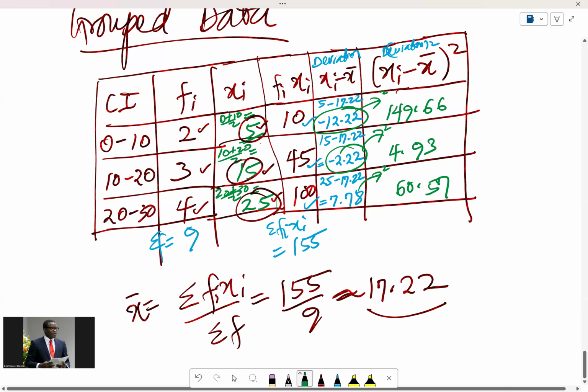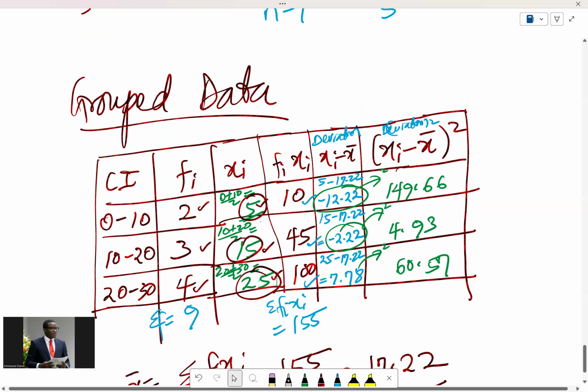So having done all of that, now we can put the values together. Another thing we still need to do is to multiply them by the frequencies, right? We need to multiply them by the frequencies.